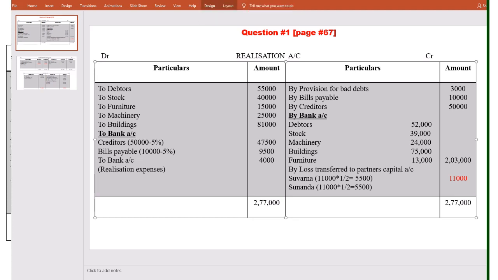So always remember, when you take the book value of assets here, the adjustments related to these assets will come in the opposite direction. All the assets are taken at book value here, and the adjustments related to these assets are taken in the opposite direction.